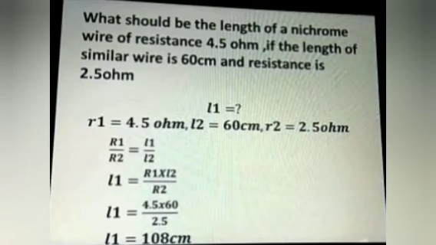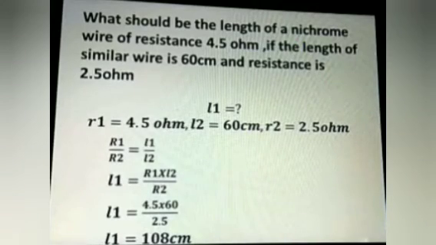So, we can directly substitute the values for R1, L2 and R2. 4.5 into 60 the whole divided by 2.5 which is equal to 108 centimeter, the length of the first wire.